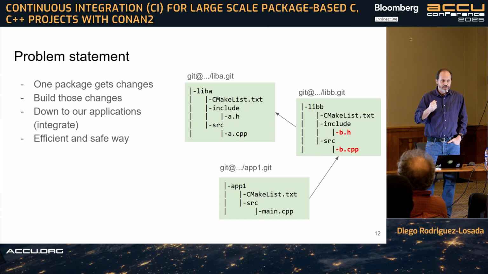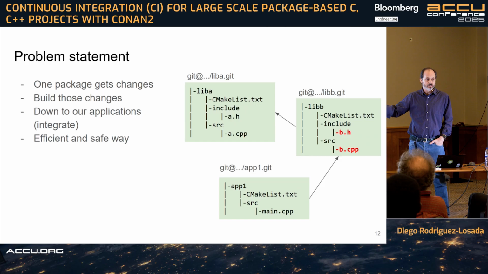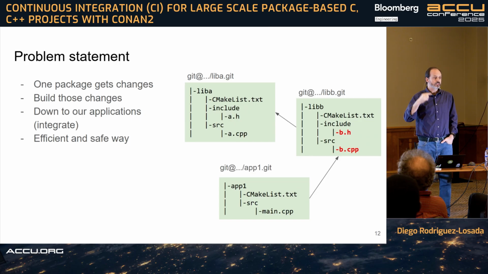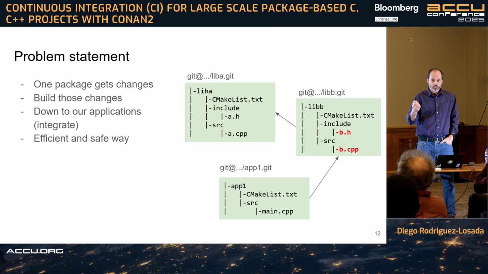Now we need to guarantee, or at least check, what happens with all the downstream consumers of that specific repo. Even if you create a new version release, it might affect the consumers of this repo. And so we need to check that down the dependency graph, hopefully in an efficient way.